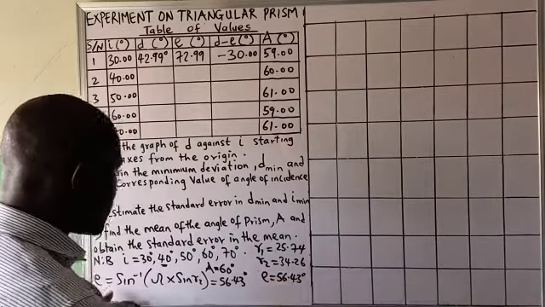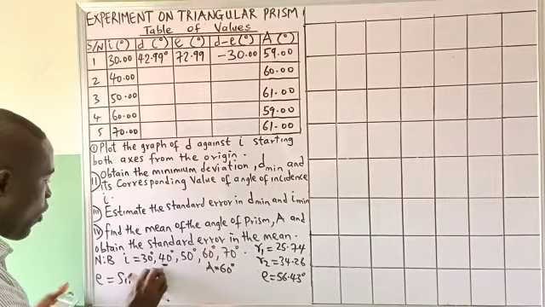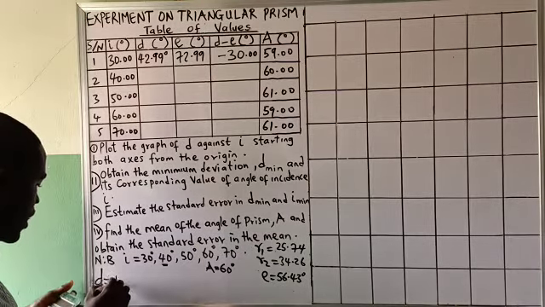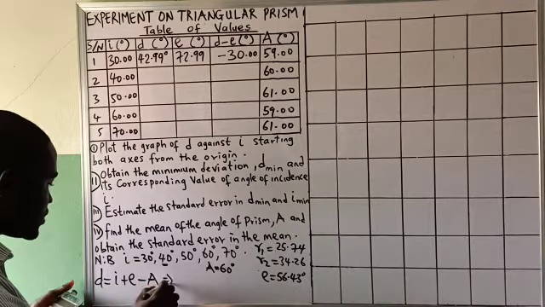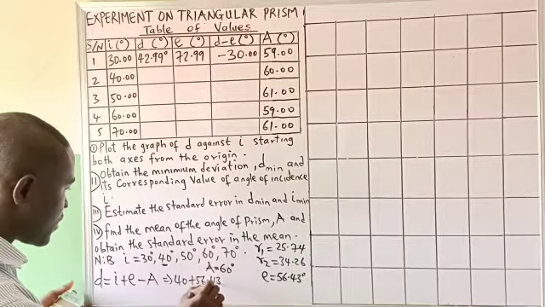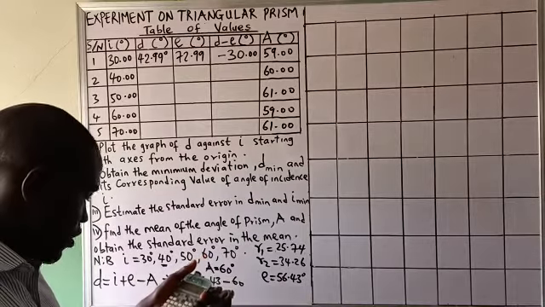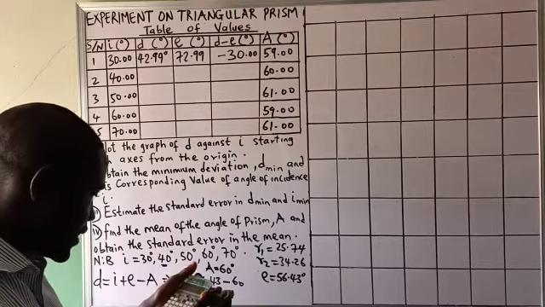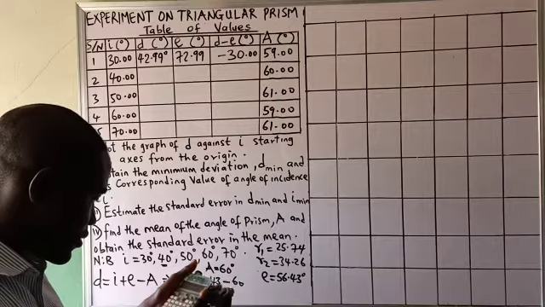So we say our E is equal to 56.43 degrees. Then after getting your E, we now go straight to get our D. Our D is equal to I plus E minus A. That means 40 plus 56.43 minus 60.